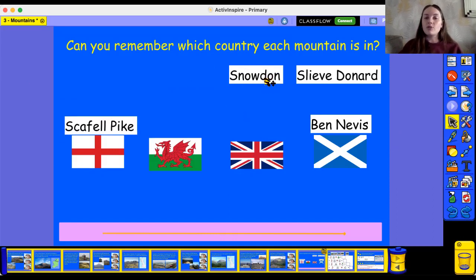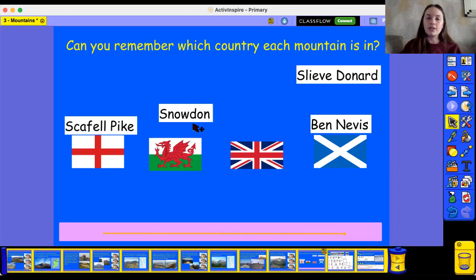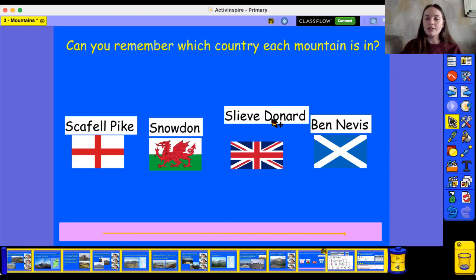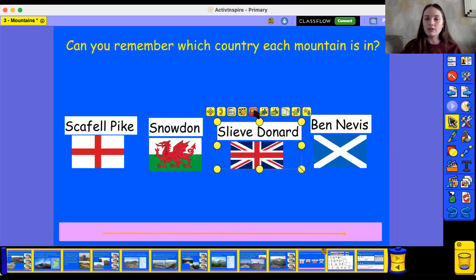Snowdon. Where is Snowdon? Is it in Wales or Northern Ireland? Fantastic. Snowdon is in Wales. Which means the last one, Sleevedonard, is in Northern Ireland. Well done. Sleevedonnard is in Northern Ireland.